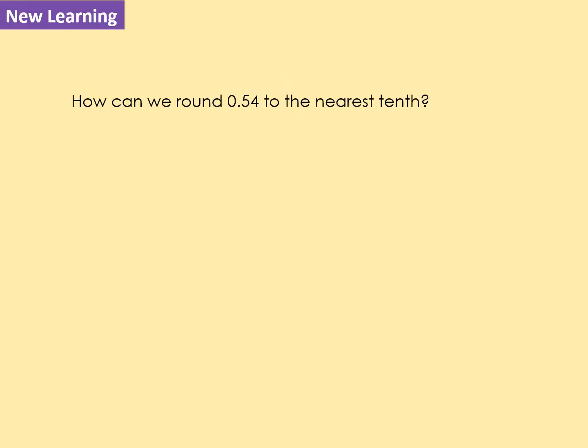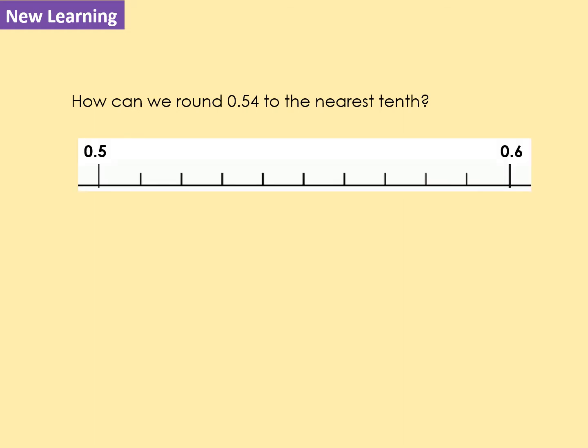So how can we round 0.54 to the nearest tenth? The best way is to draw a number line, and then we can visually have a go at this question. So where is 0.54 on this number line? Each section goes up in tenths, or 0.1. So 0.54 is just here, 4 dashes after 0.5.